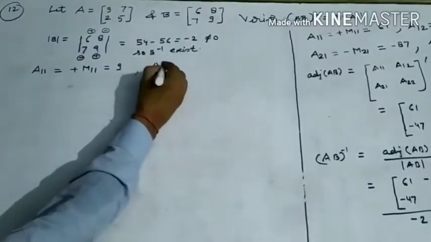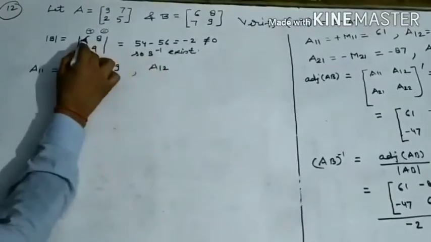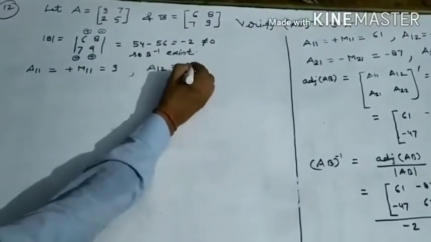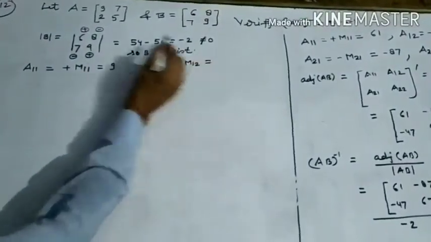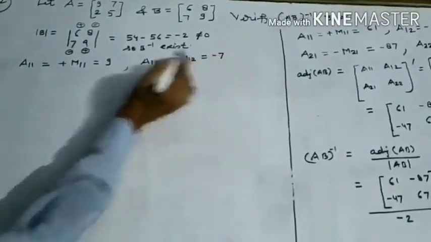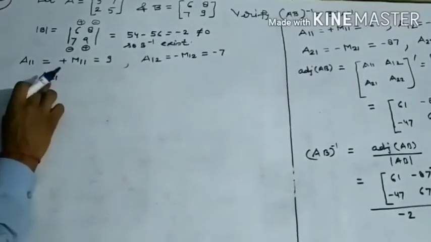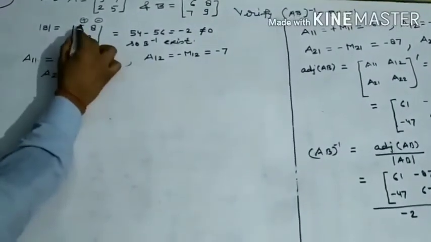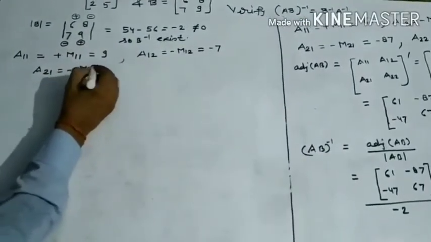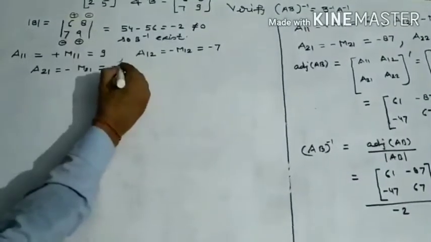Now A12 means the cofactor of the element of the first row and second column, meaning 8. So the sign is minus, M12, and this is equal to, you have to leave first row and second column, so what we will get is 7, so minus 7. Then A21 means the cofactor of the element of the second row and first column, so the sign is minus, so minus M21, and this is equal to minus 8.